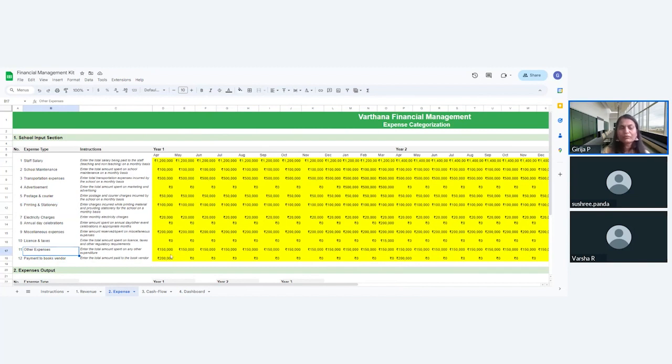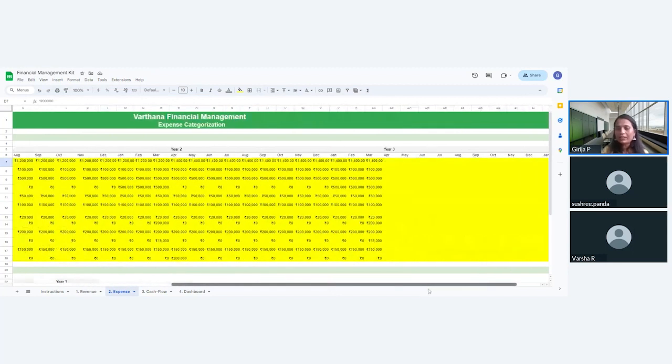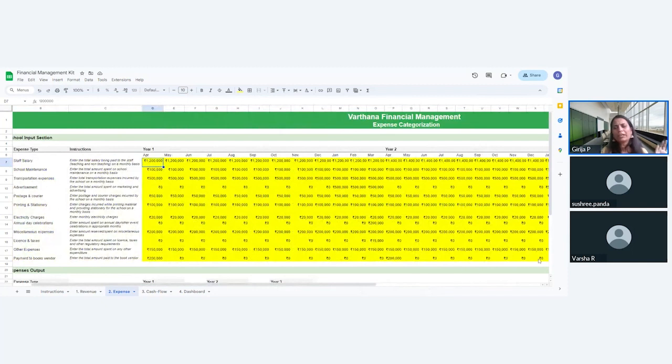And here again, we have mentioned the instructions, which can help you understand what number you have to put here and what information it will need. Again, you have to put information only in the yellow part, which you can see in the middle. And as I mentioned earlier as well, you don't need to put data for all 3 years.